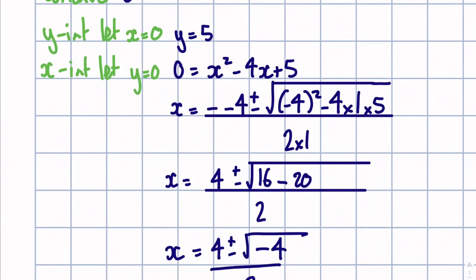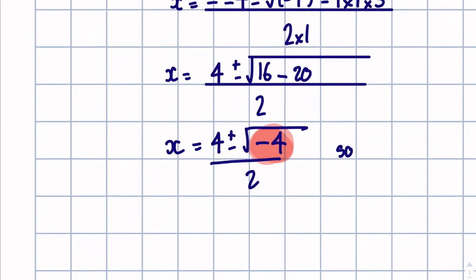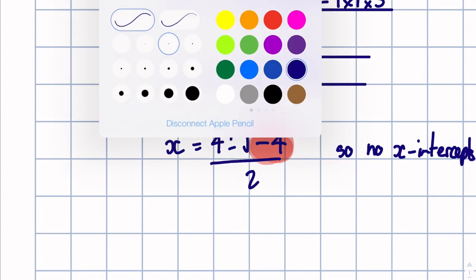We cannot square root a negative. So no x-intercepts. This means it all happens above or below the x-axis. Given that we were concave up, it's a smiley face, it's all going to happen above the x-axis.